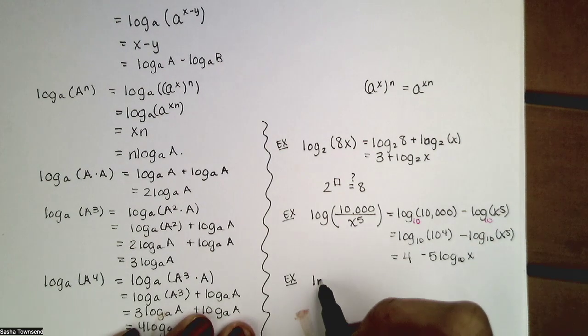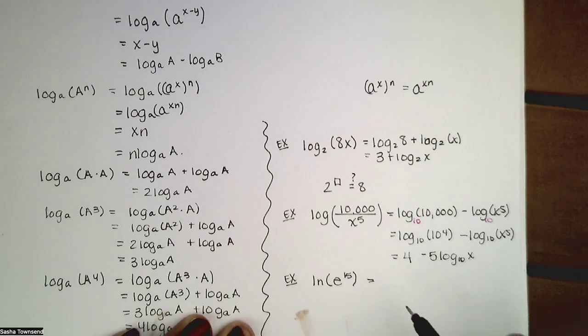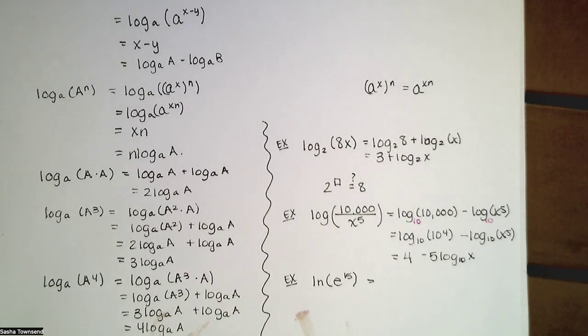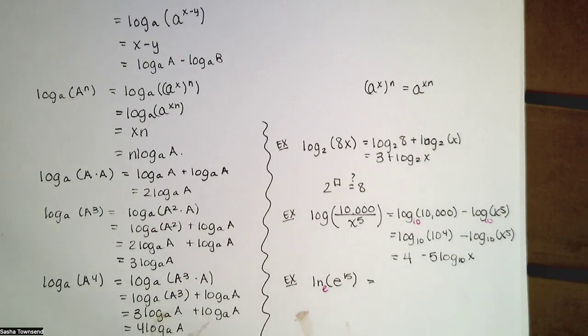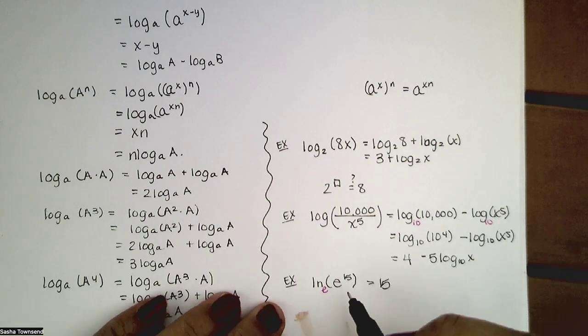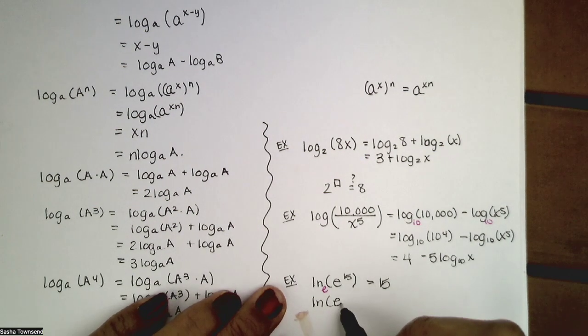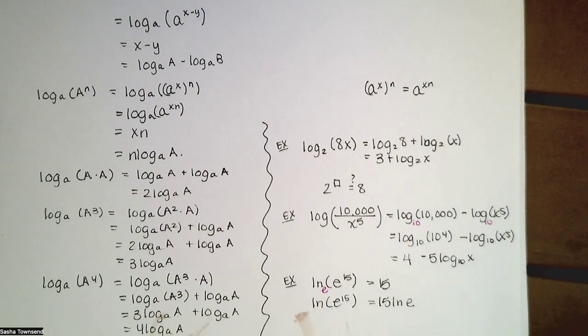And let's say I've got natural log of e to the 15th. There are 2 different ways you can think about this. Here with the natural log, the implied base is e. So you can say e to what power is e to the 15th? Obviously the 15th power. Or you can think of that as applying that property. You bring the 15 out front, and then you multiply by the natural log of e.